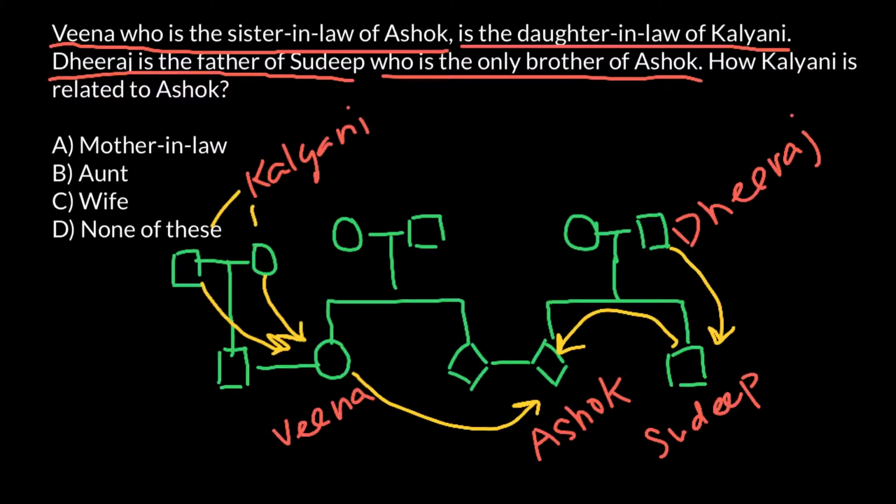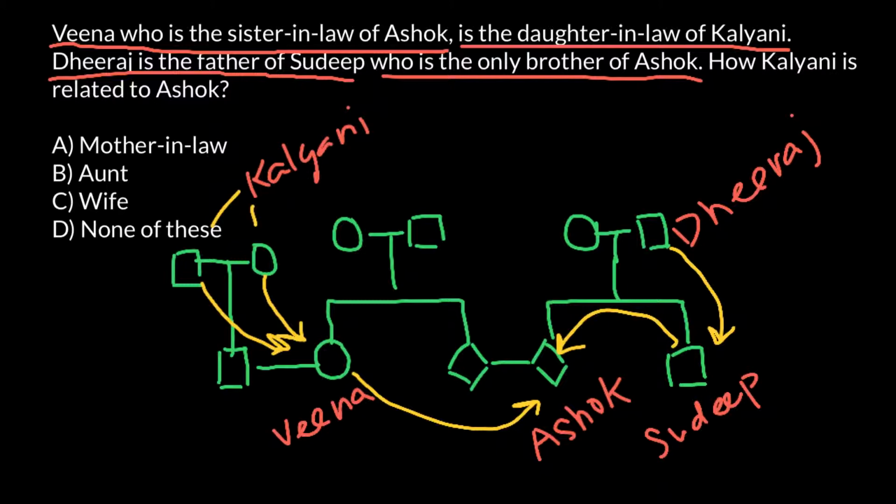So many variants are possible for how Kalani is related to Ashok, and as you see, if Kalani would be any of these people, they won't be related to Ashok at all. There is no specific name for such a relationship, because these people won't be related.